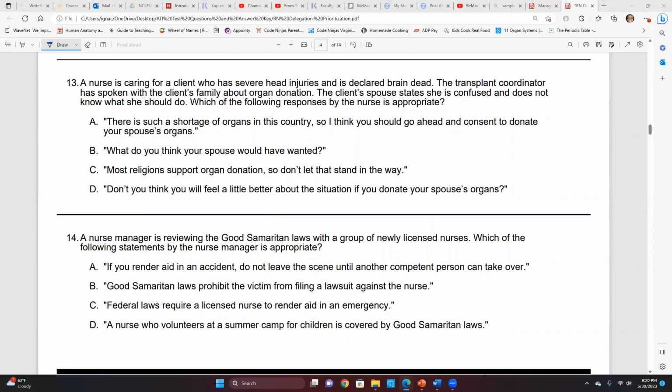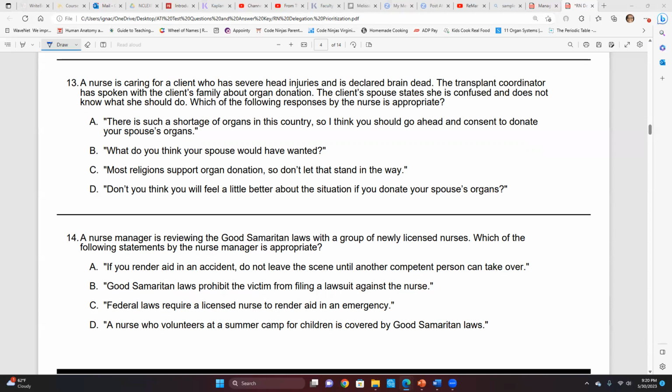A nurse is caring for a client who has a severe head injury and is declared brain dead. The transplant coordinator has spoken with the client's family about organ donation. The client's spouse stated that she is confused and does not know what she should do.